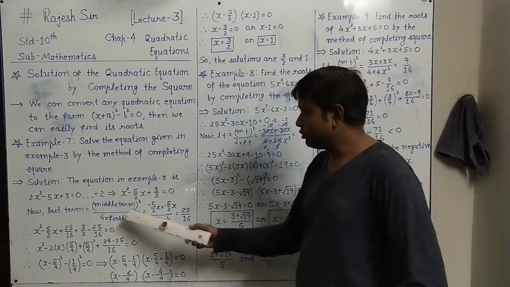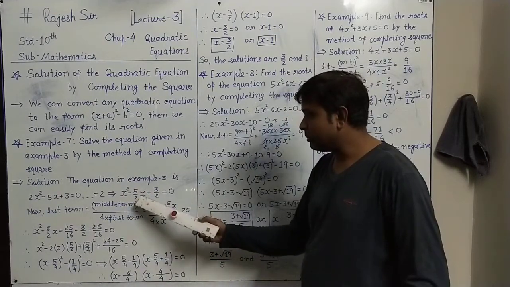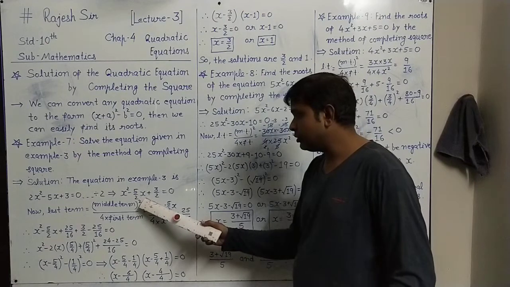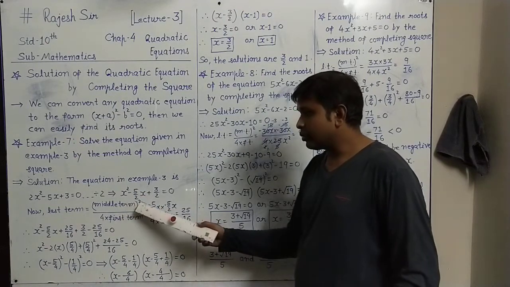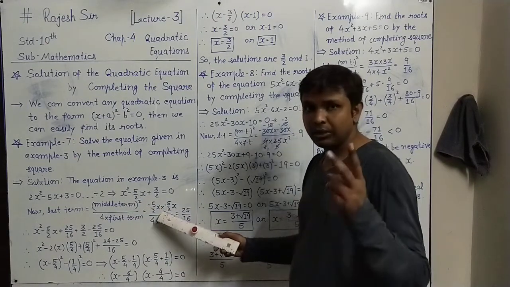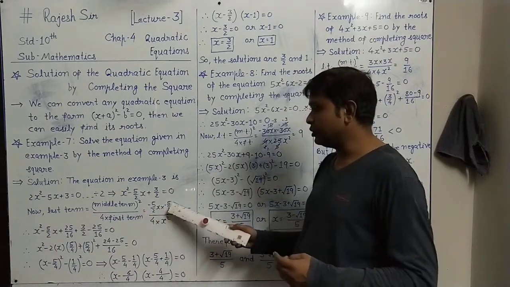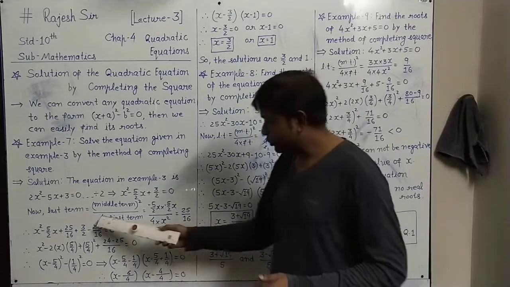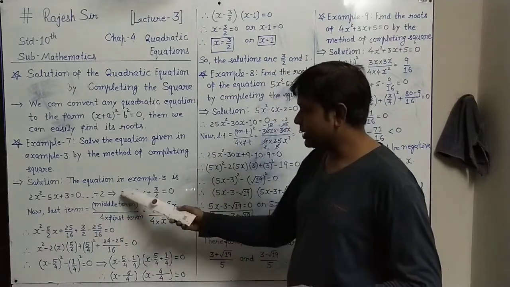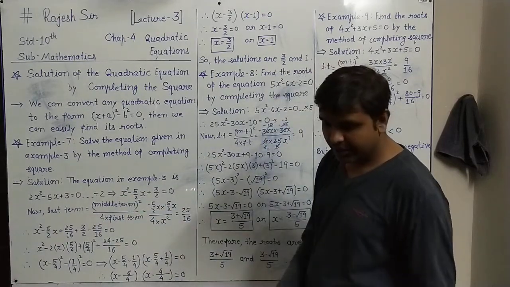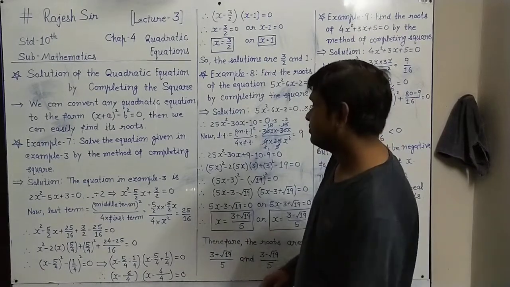So that equals, the middle term here is minus 5 by 2 x, minus 5 by 2 into x. It's a square, so we write it multiplied 2 times: minus 5 by 2 into x into minus 5 by 2 into x, because it's the whole square. And down there, 4 into the first term, 4 into x square. Now see the cancellations carefully.